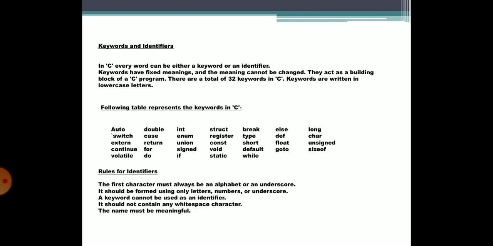So the first character must be an alphabet or underscore, and it must consist of only letters, digits or underscore. Only the first 31 characters are significant in an identifier, an identifier cannot be a keyword, and it must not contain white space.